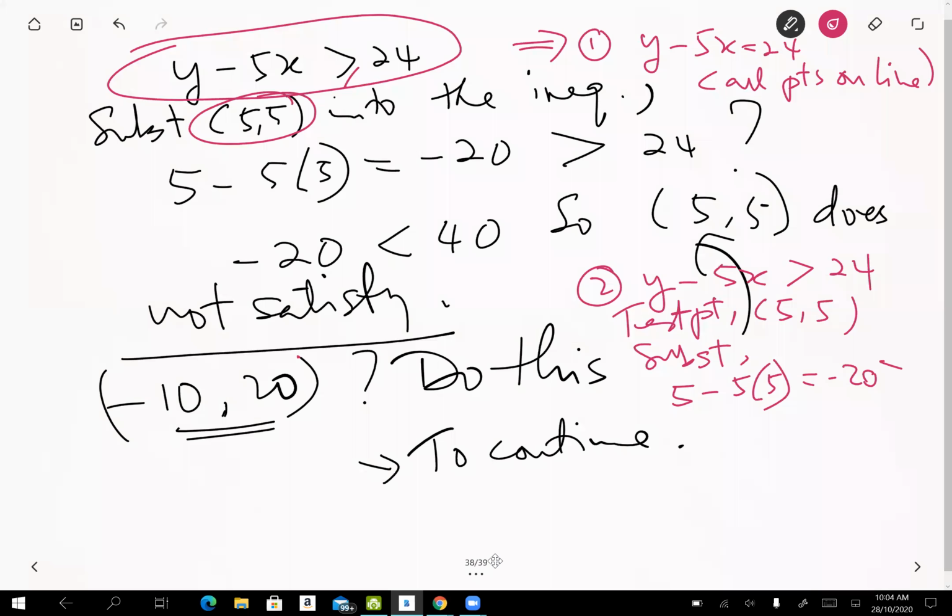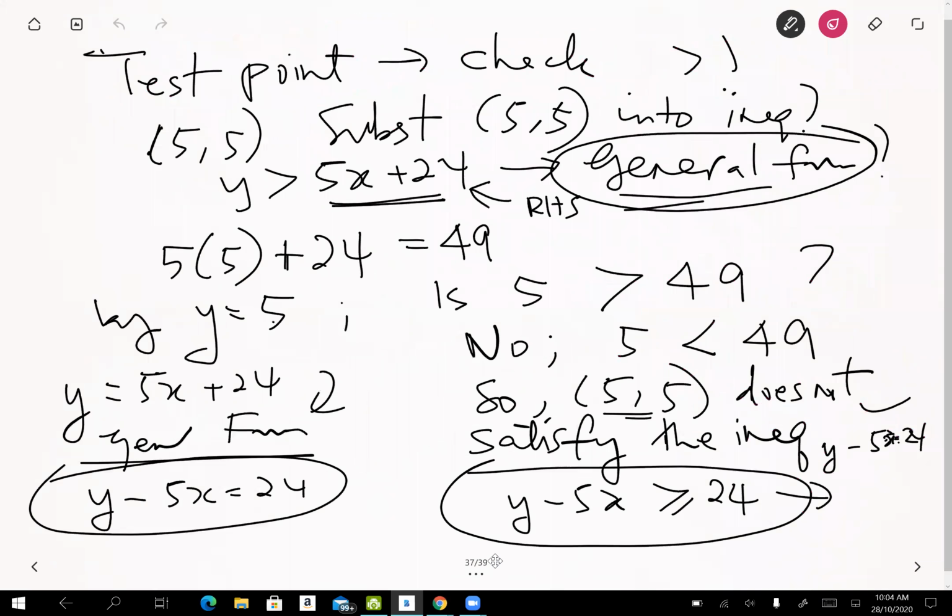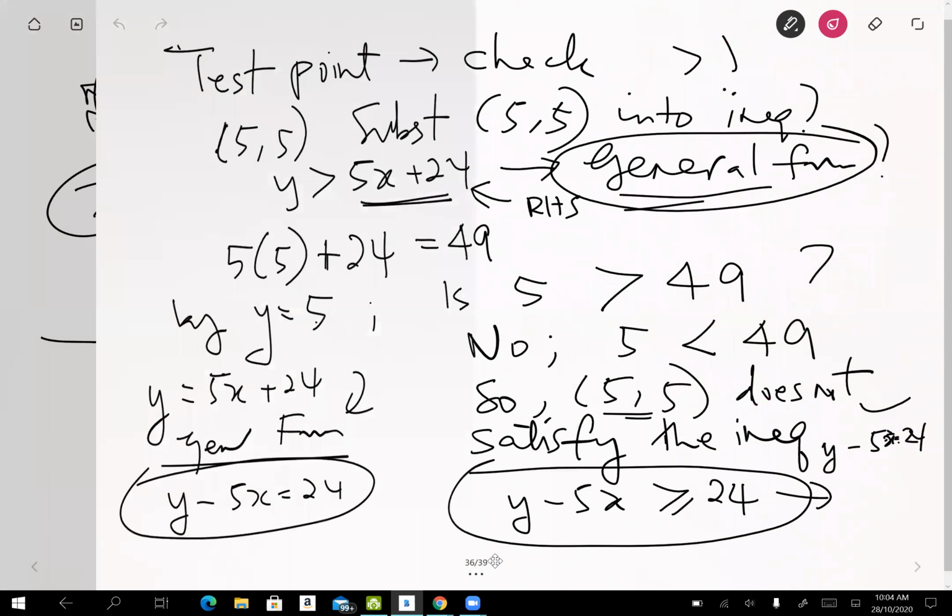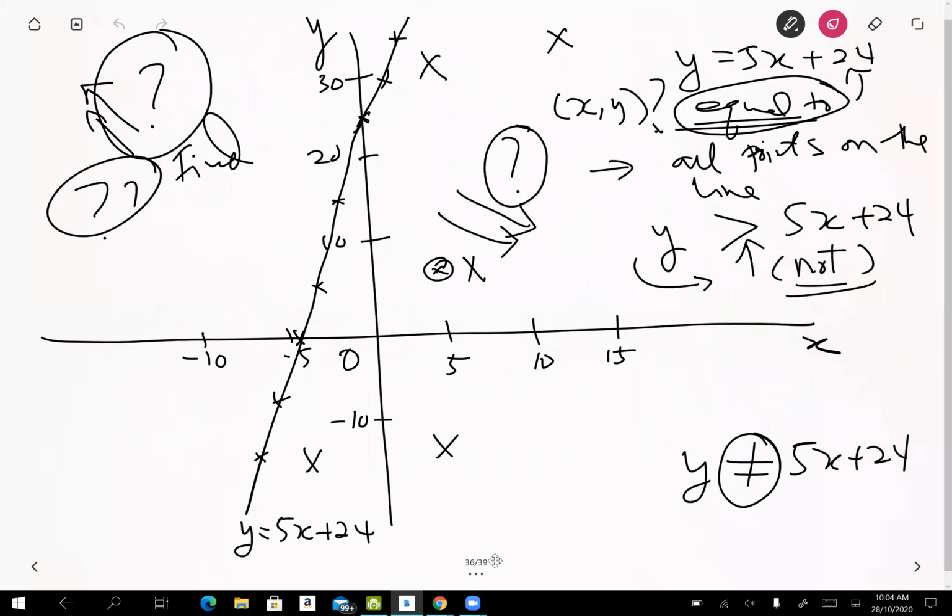Negative 20 is not bigger than 24. In fact, negative 20 is less than 24. So it does not satisfy. Therefore, the point (5, 5) does not satisfy.